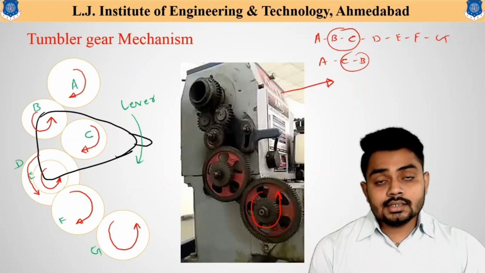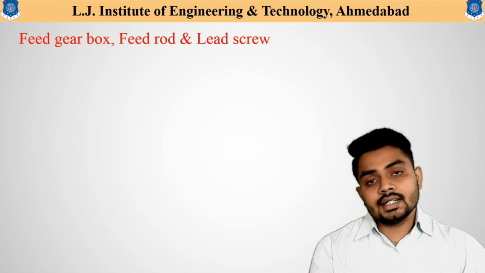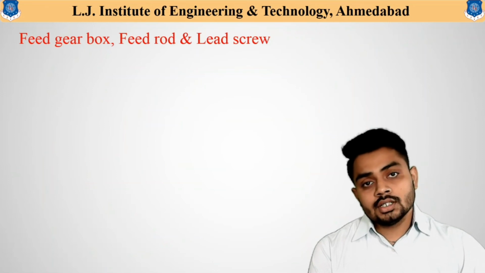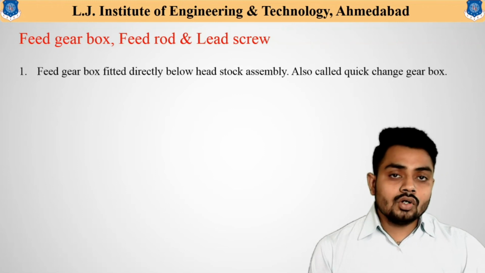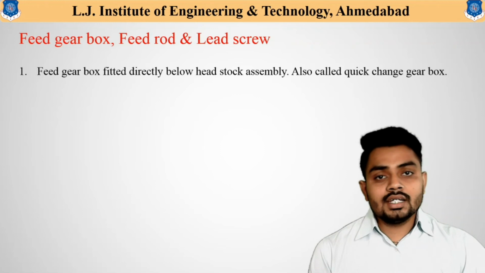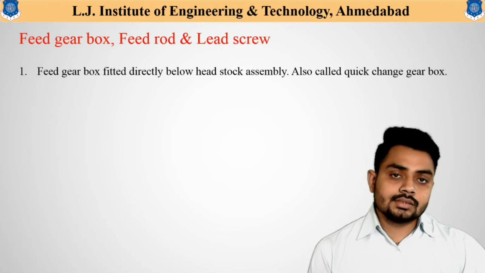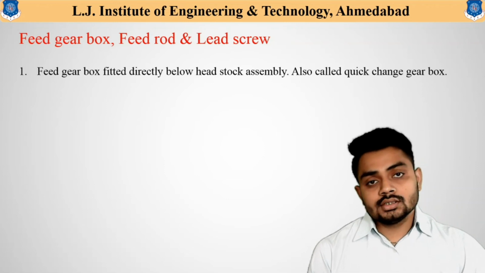Now other than these, the different parts available at the headstock section are, the first one, the feed gear box. This feed gear box is useful to obtain different speed variations during machining operation, and it is also called the quick change gear box.